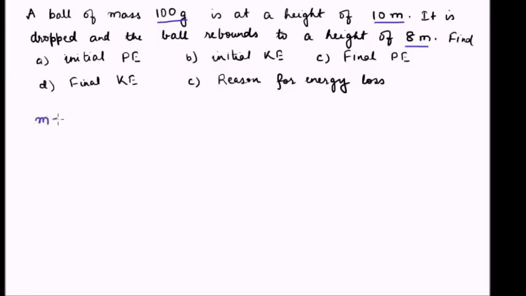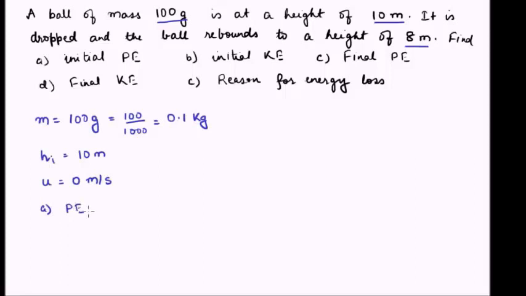The mass of the ball is 100 gram. We will convert it into the SI unit, and that will be 100 by 1000, which is 0.1 kg. Height initial, I am writing it as HI, is equal to 10 meter. Now at this height, initially the ball is at rest, so the initial velocity is 0 meter per second. Therefore, the part A asks us to find the potential energy initial.